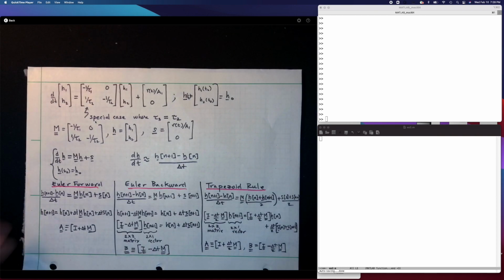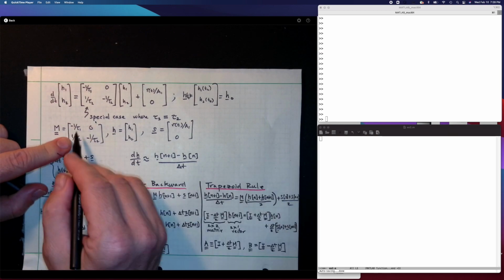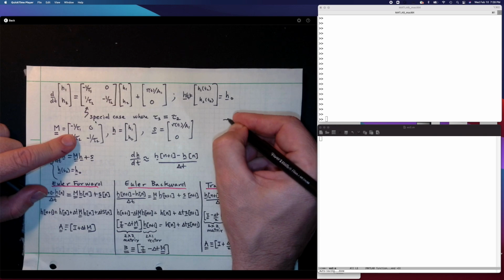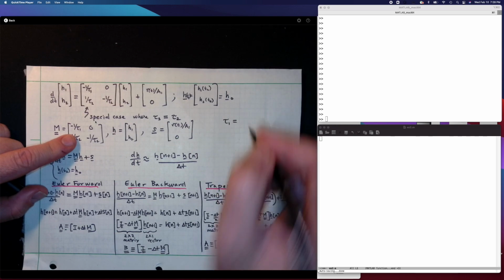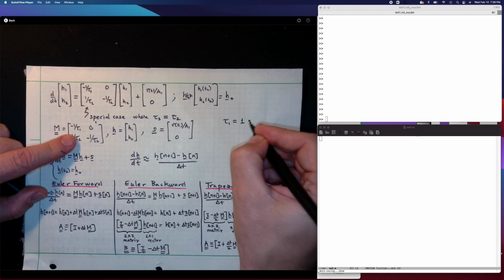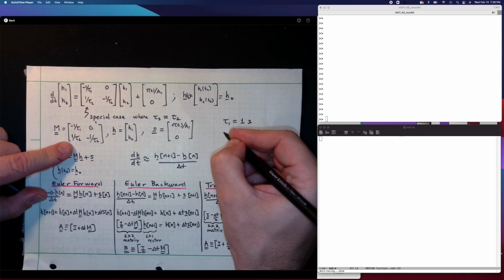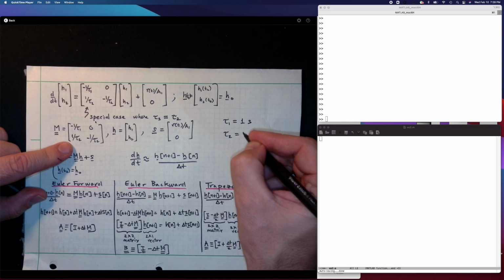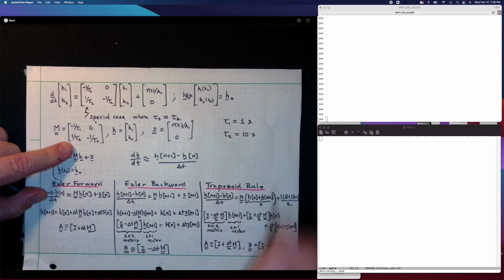So I need to pick some parameters for this system, and we're going to pick time scales. Tau 1, I'm going to choose to be a fairly fast time scale, so 1 second. And tau 2, I'll pick to be 10 seconds, so 10 times longer.